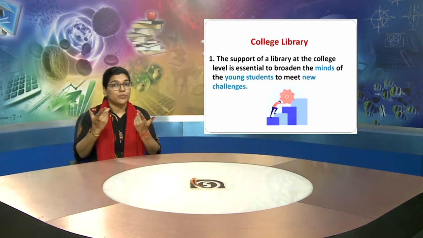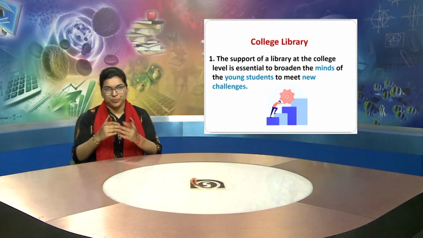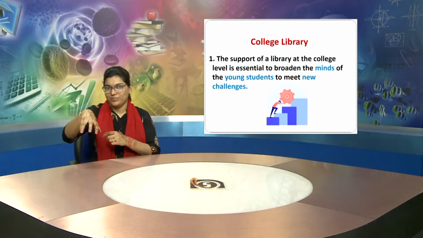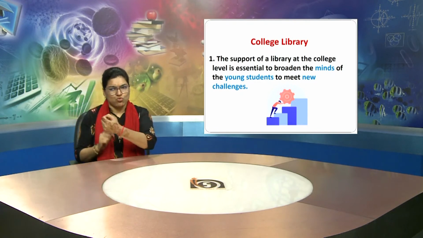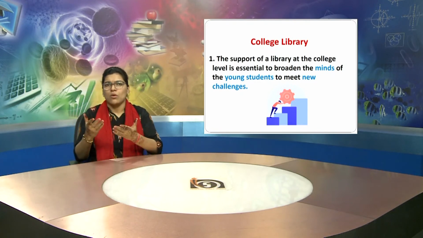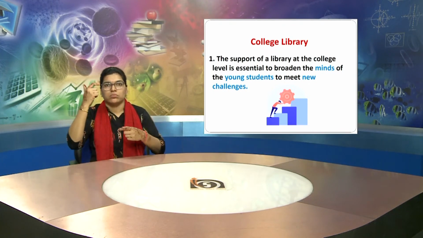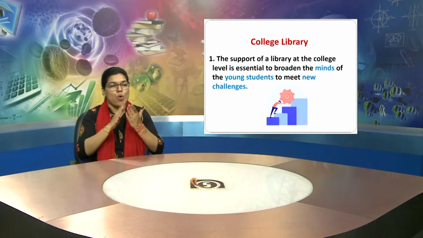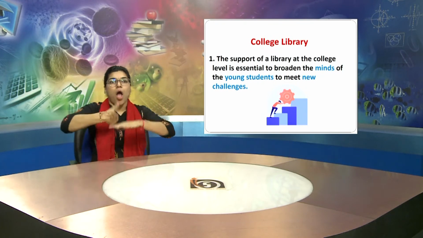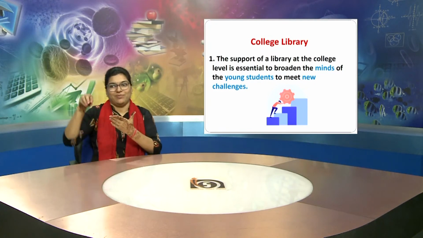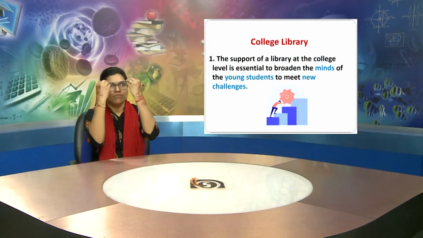We have already understood the school library. Now from here onwards, we will understand the college library. We know that support of a library at the college level is essential to broaden the minds of the young students to meet new challenges.